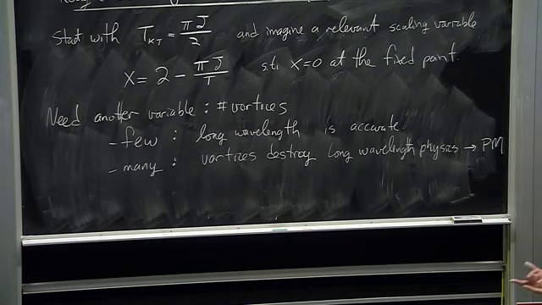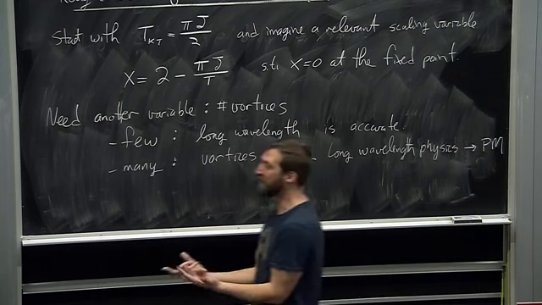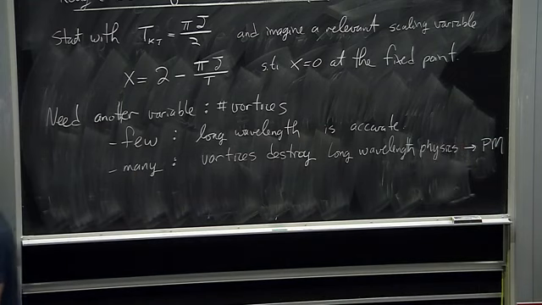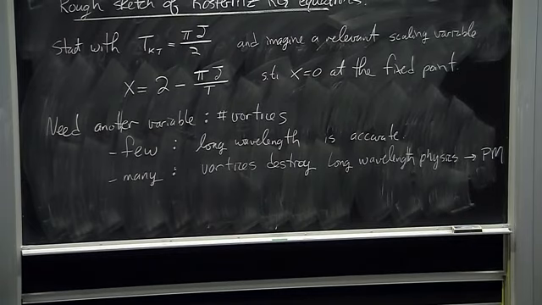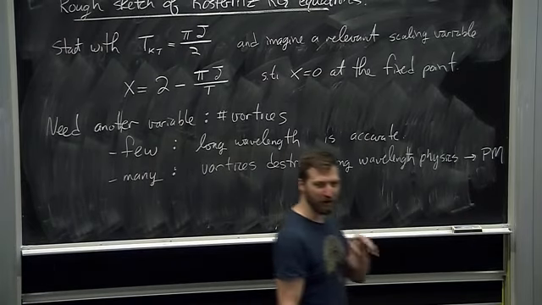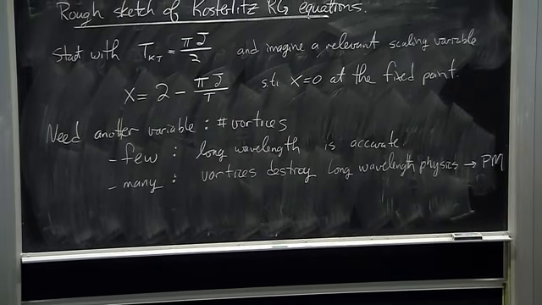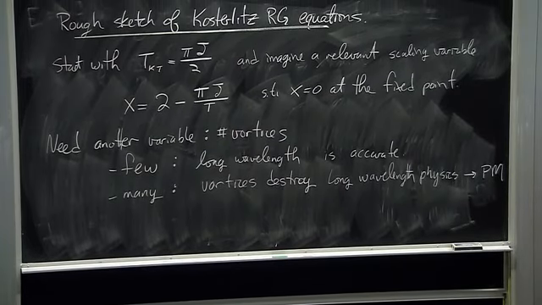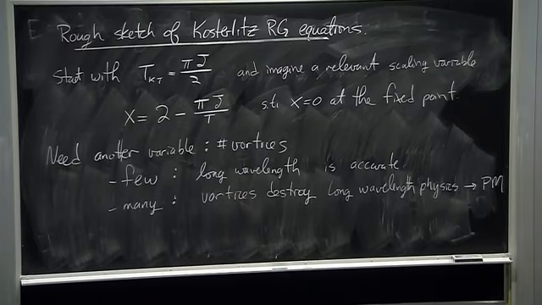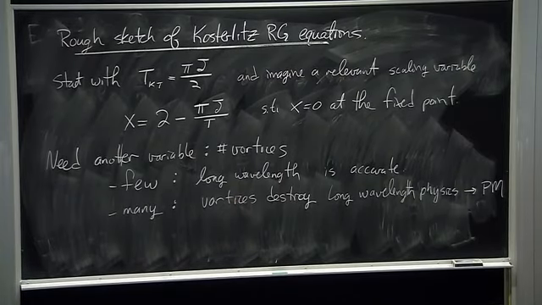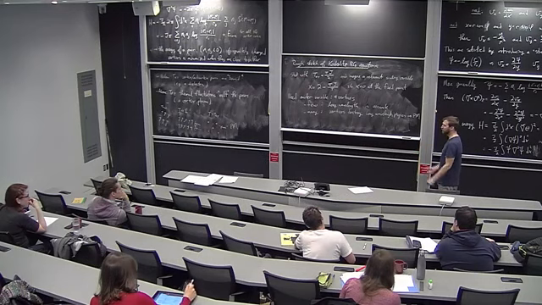I mean, I can couple a field to the spin, h dot theta, but what that'll do is it'll just order me into this trivial ferromagnetic phase with a strong enough field. So a magnetic field isn't the right variable, but it's the right idea. So what a magnetic field does is somehow promote, in the Ising model, spins to a line. So I need something that promotes vortices to either appear or disappear.